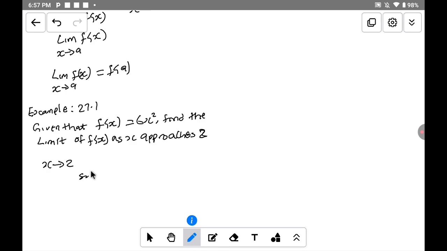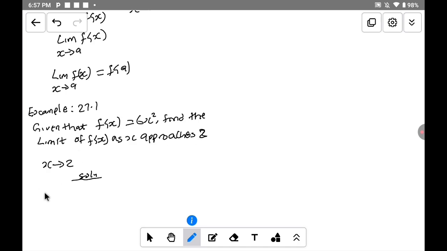Now, let's solve it in a very easy way. With what I've explained here, what you just have to do is find the limit of this. Since s approaches 2, that is, the value of s is equal to 2, anywhere you see s, we replace it by 2.